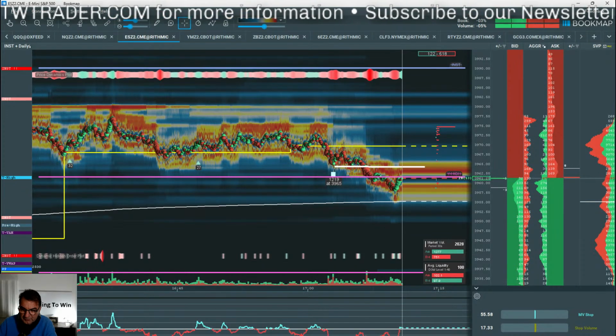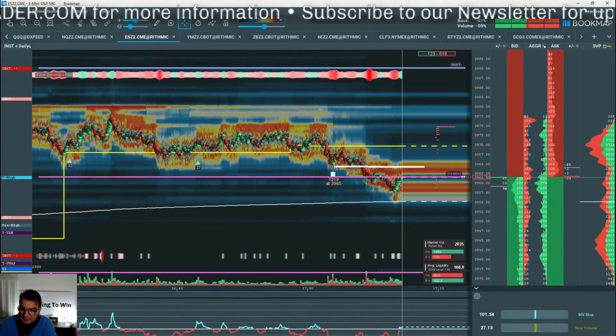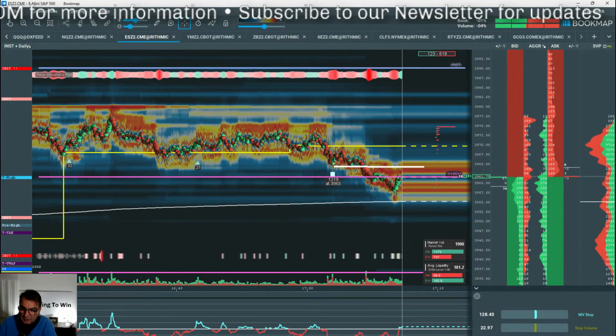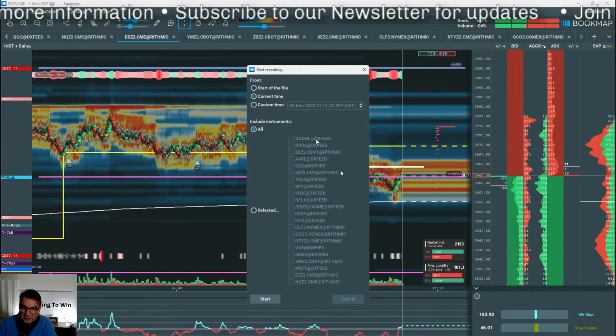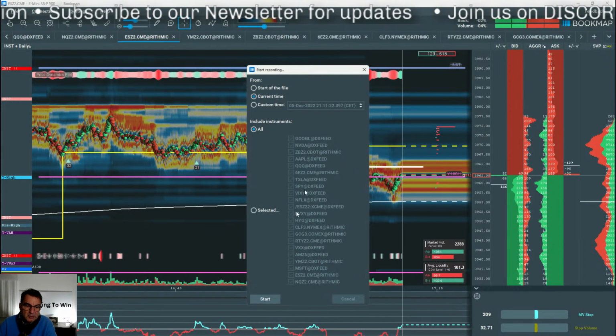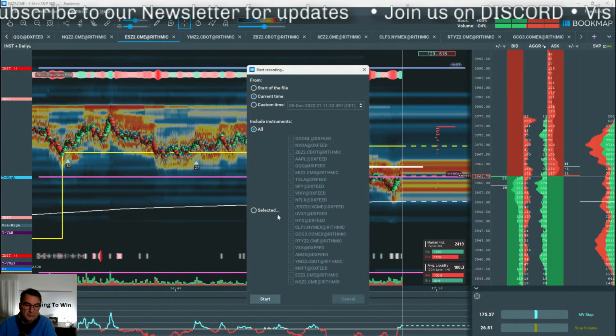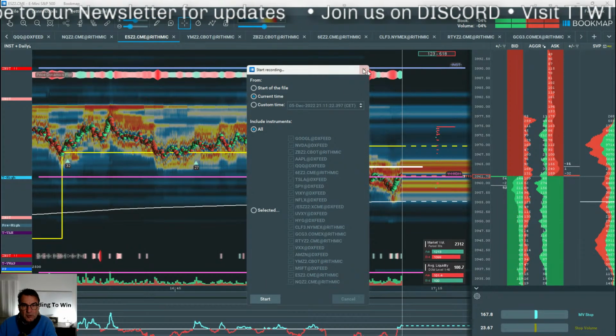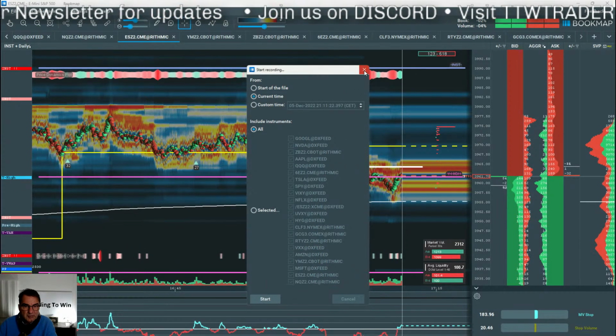You see that here? Click start recording, and now you can select what you want to record, when and what. That's the best recommendable.